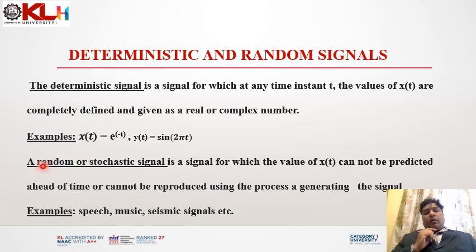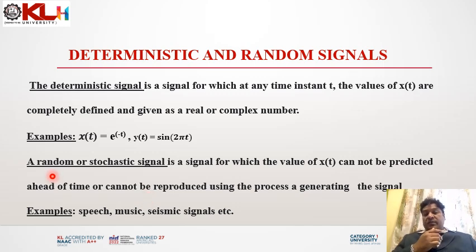Now we are going to discuss the random signal. This random signal is also called a stochastic signal, and this is a signal where the value of the signal x of t cannot be predicted or completely defined ahead of time, and it cannot be reproduced by using a particular process or a mathematical function or by using a table.